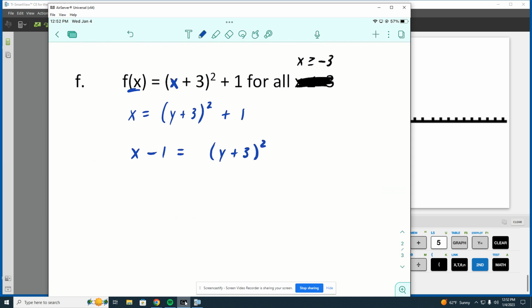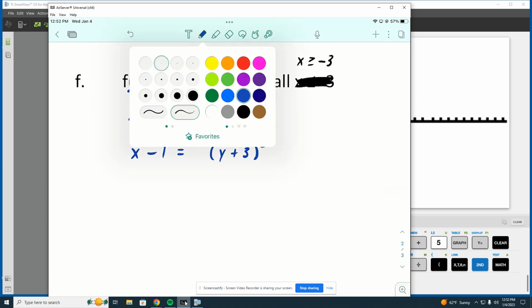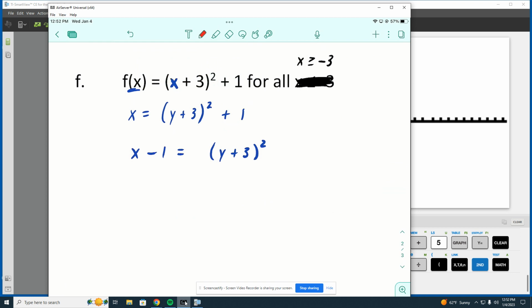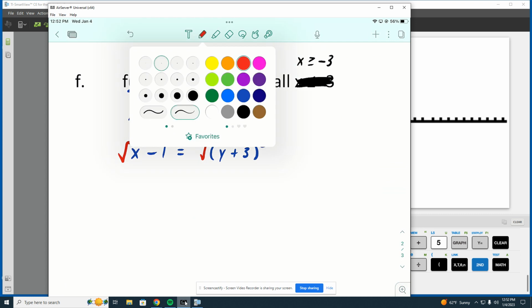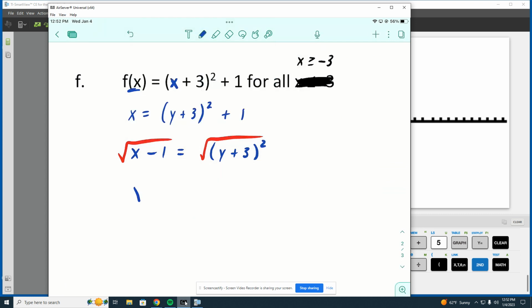Now we have to get rid of that squared. Do y'all remember how to get rid of a square? You take the square root of both sides. Now, since x minus 1 is already on the other side, it all has to go where? It all has to go under the square root. So we've got the square root of x minus 1 equals y plus 3.